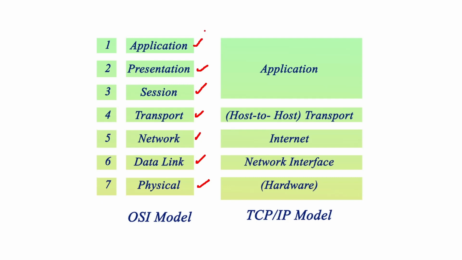Protocols for the application layer are HTTP, HTTPS, IMAP, POP3, and SMTP. These are some of the protocols which work at the application layer. In the TCP/IP model, some of the layers have been consolidated or condensed.